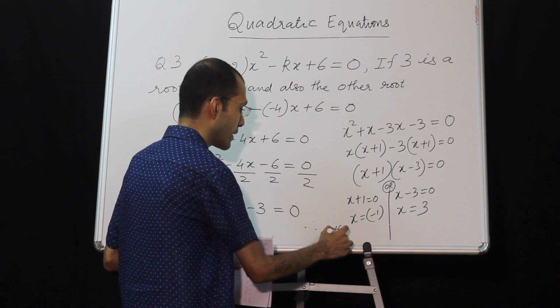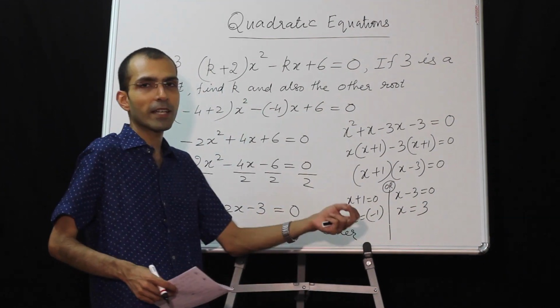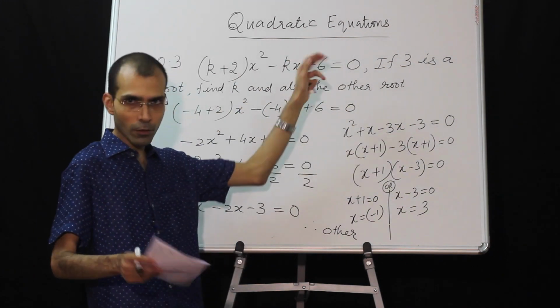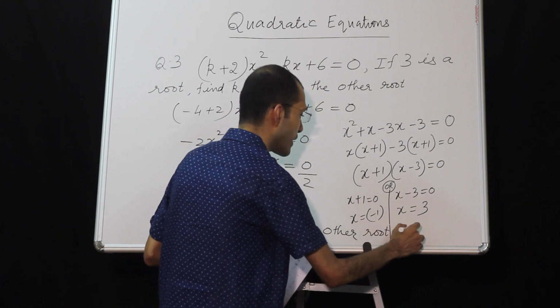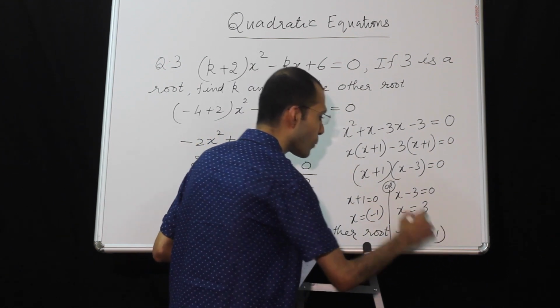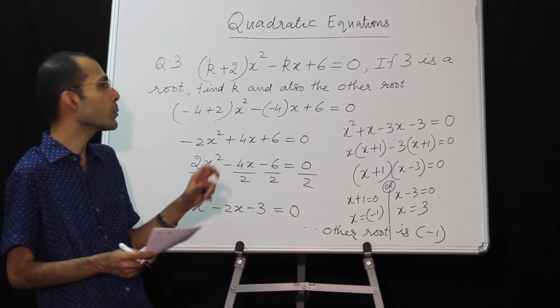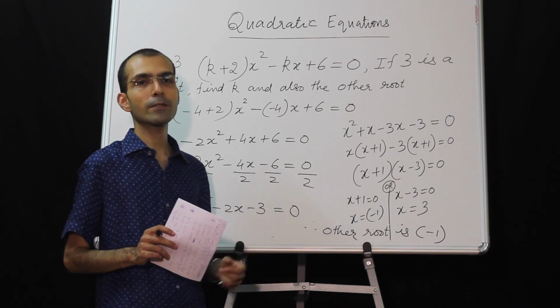Even if you don't write therefore, it's okay, but the final step you will have to write, because the question says find the other root. So 3 was already a root, so the other root is minus 1. This step would be definitely important, as it shows that you have comprehended the problem. So the other root is minus 1.